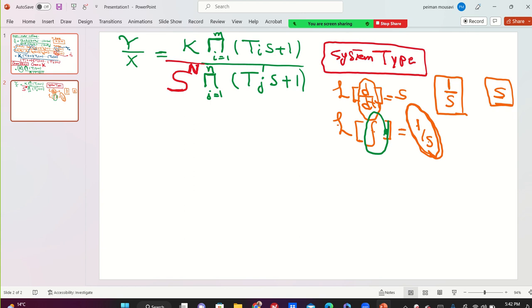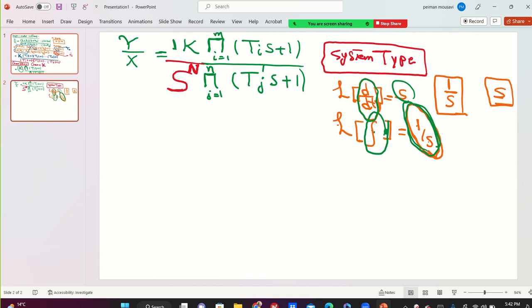So, what I taught you in this class several times, remember, go see the lectures. I have the proof, okay? When you see 1 over s, it means integration. When you see s, it means derivative, that's right? So, system type. You have here 1 over s to the n. It means 1 over s to the power of n.